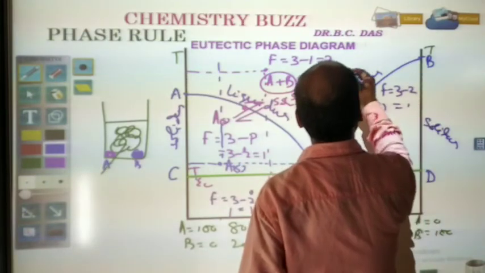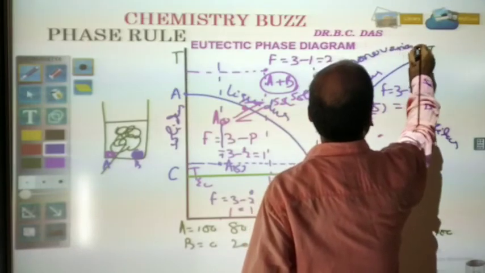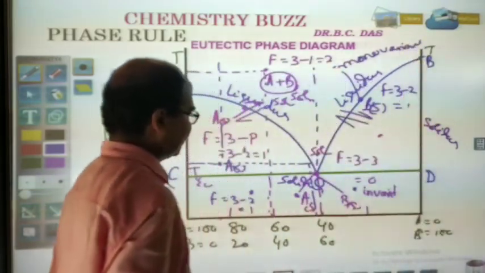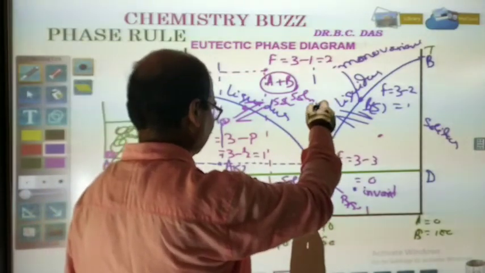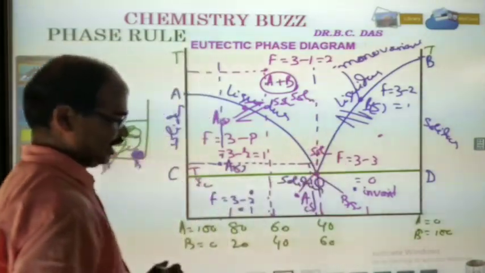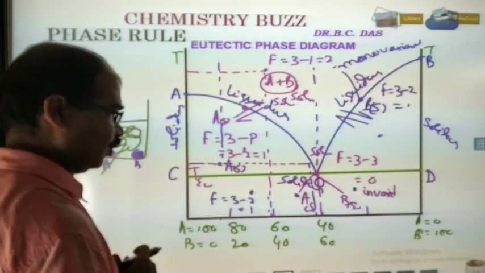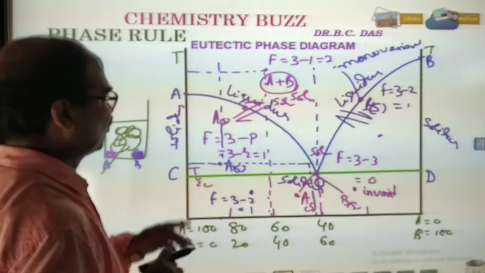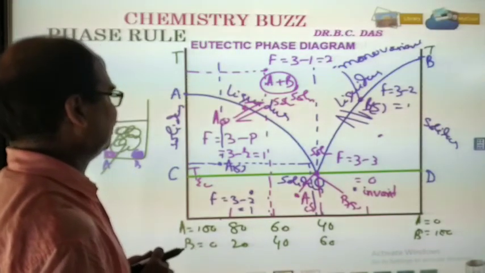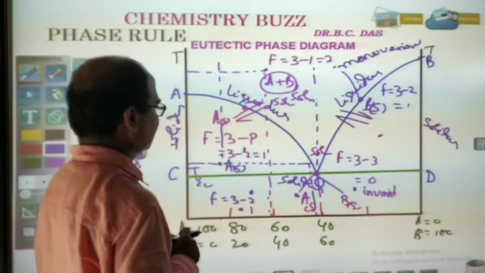So this is also monovariant. So this is the eutectic phase diagram, in general, when we have taken two solids A and B, and we have explained the different states at different points.